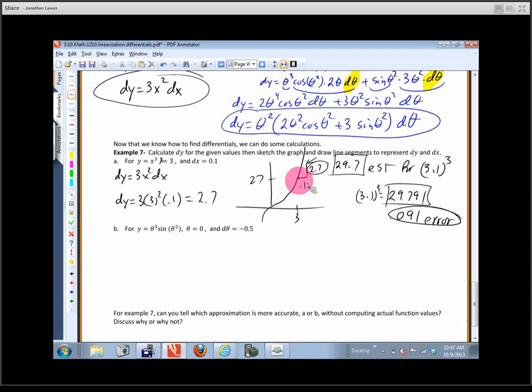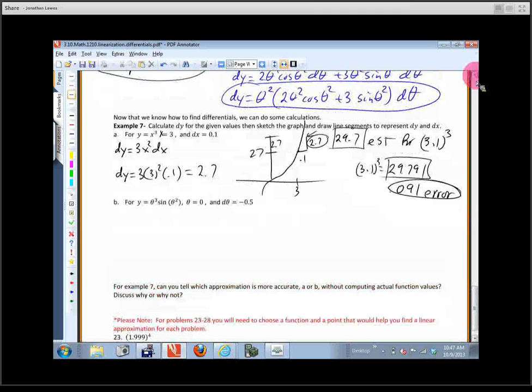Okay, so if we move over 0.1, our estimate is we're going to have a change in function value, our dy, difference in y values, of 2.7. So if you're at 27 and you go up 2.7, you're going to get to 29.7. Does that make sense? That's pretty darn good, isn't it? Using differentials, we're within 91 thousandths. Pretty darn good.